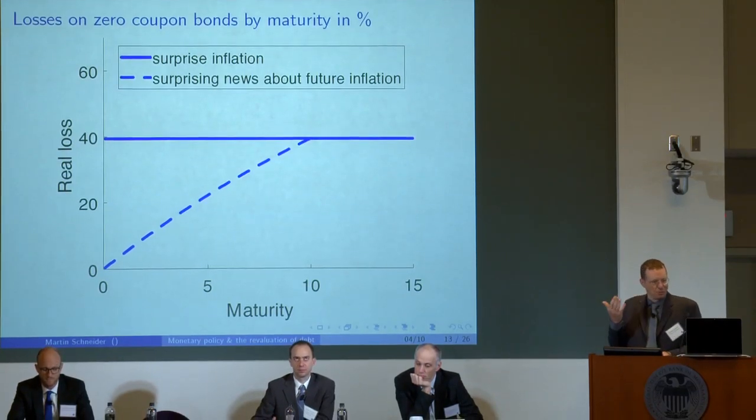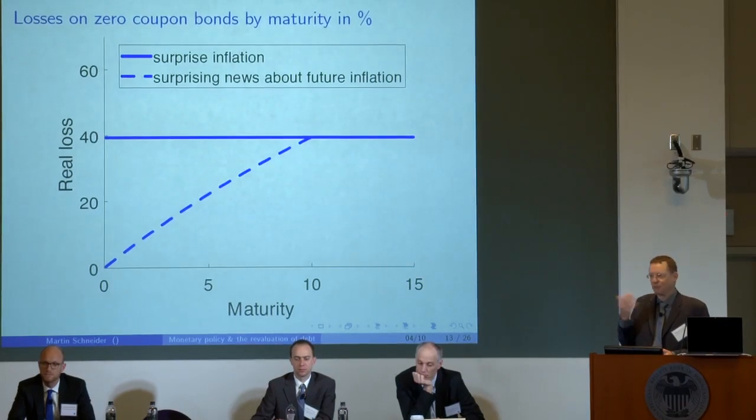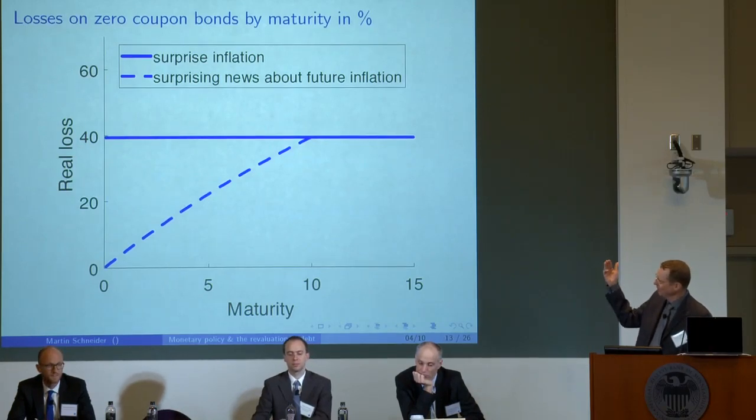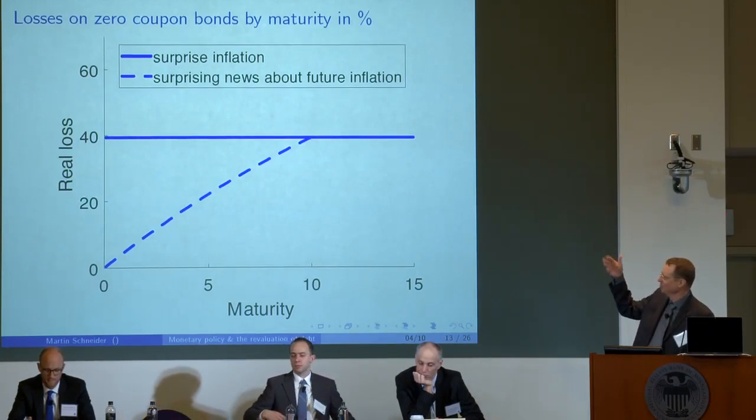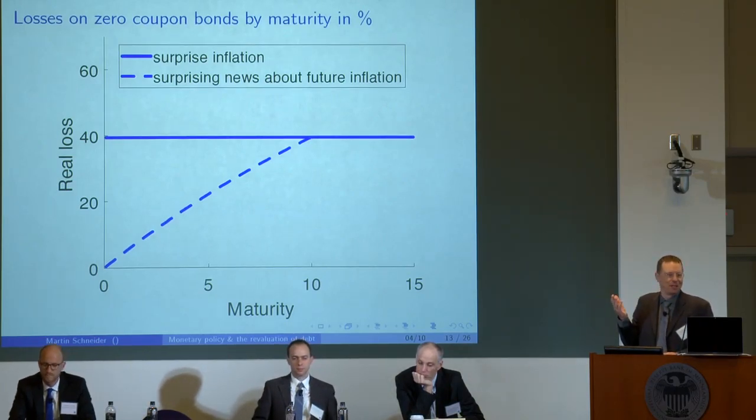If there is the full surprise, so all of the inflation comes at the same time, then this just devalues everything by 40%. So that's the upper bound. In contrast, if we make this announcement today of 5% more inflation for 10 years, then for the first year it gets hit by 5%, the second by 10%, and so forth. And then all positions 10 years or longer are going to be also hit by 40%.